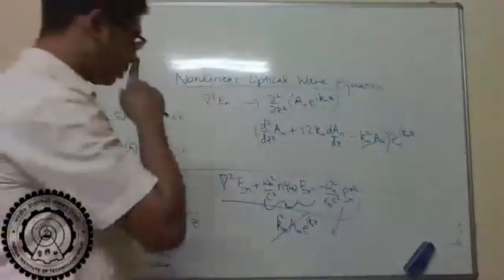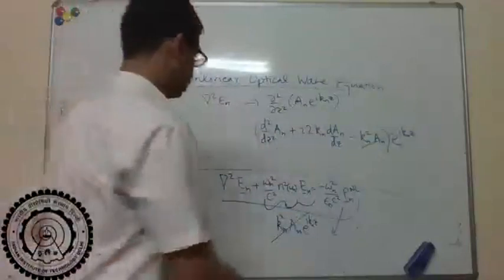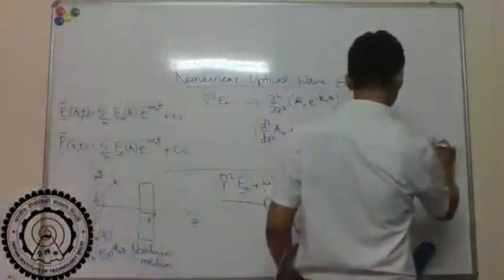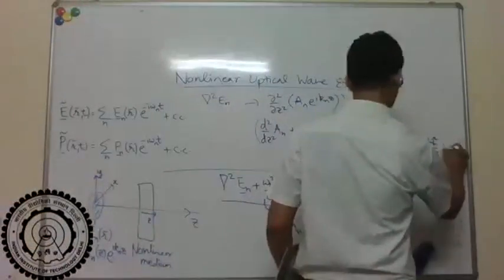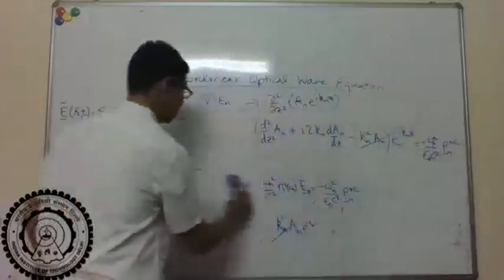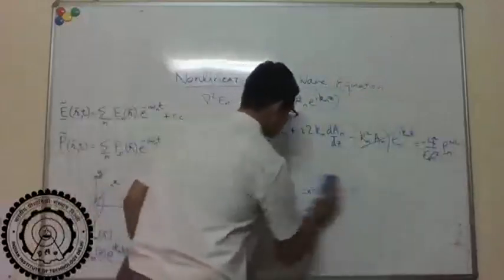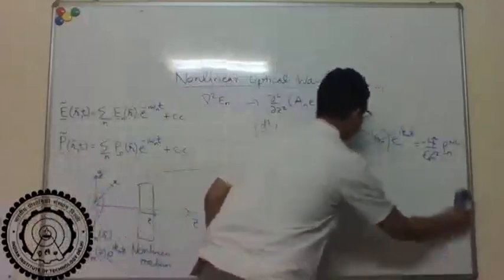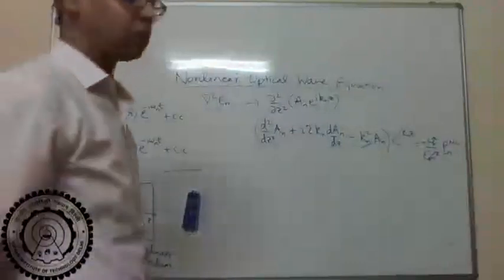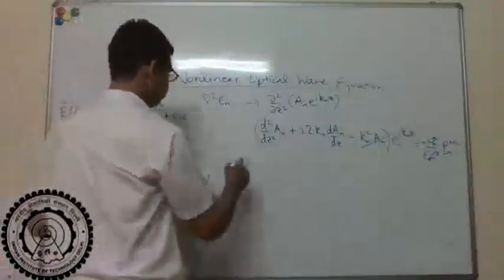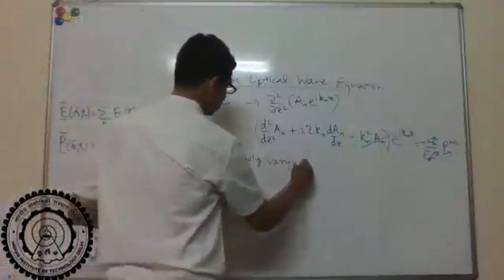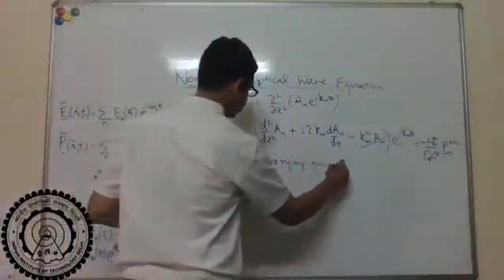Now we make another approximation. Maybe I'll just write this on the right hand side. So now we make another approximation, which is widely used in optics, called the slowly varying envelope or amplitude approximation.